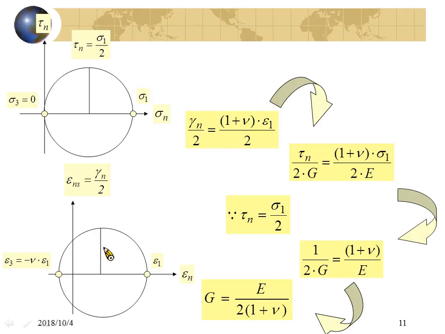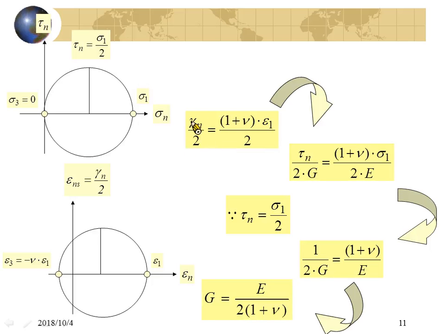The radius of the Mohr circle will equal the diameter of the Mohr circle derived from epsilon 1 and epsilon 3, divided by 2. Correct? So epsilon 1 plus Poisson ratio times epsilon 1 will equal the diameter, divided by 2 will be the radius. So these two should be the same.